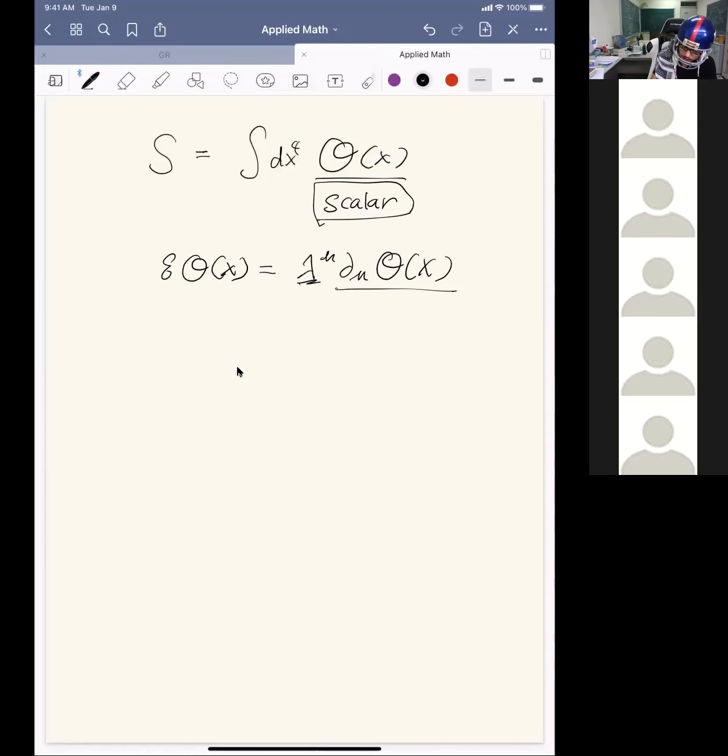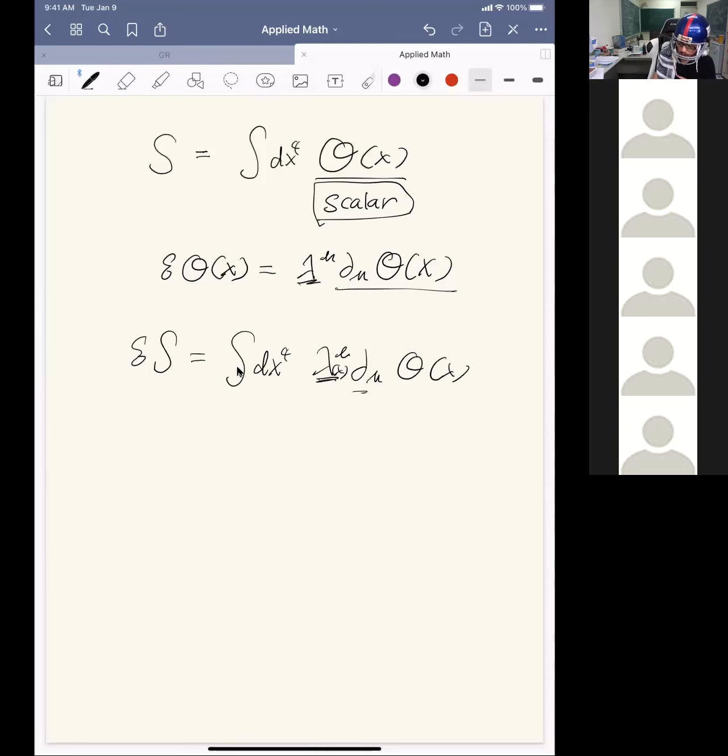So that means that the variation of S, if I just write something like this, is just going to give you dx4 lambda mu partial mu O of x. So this is not going to give you anything.